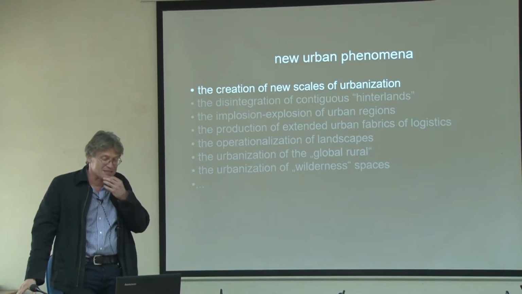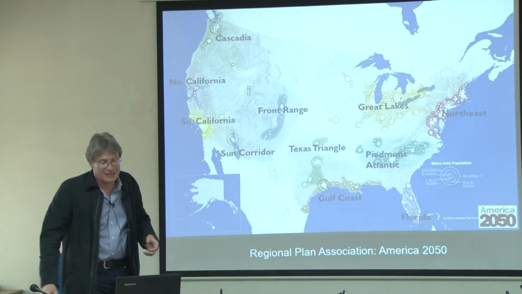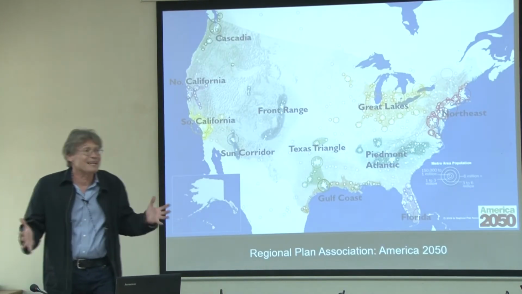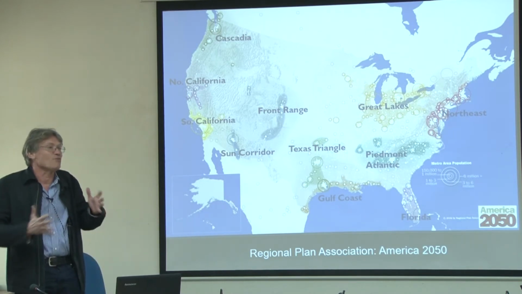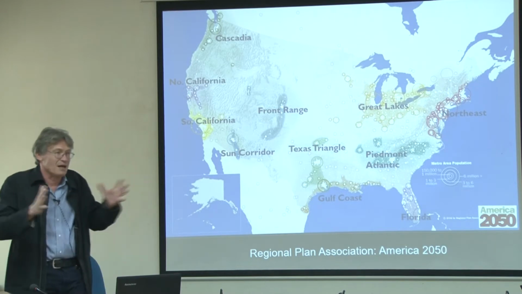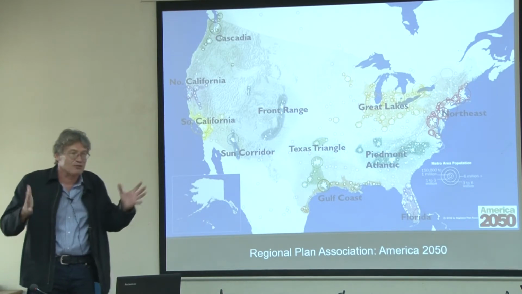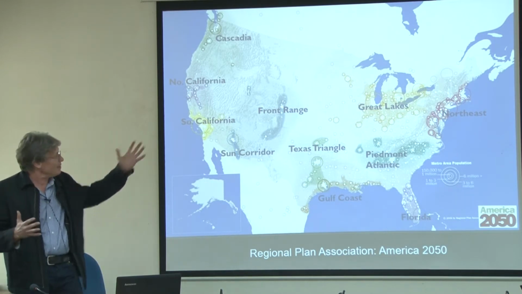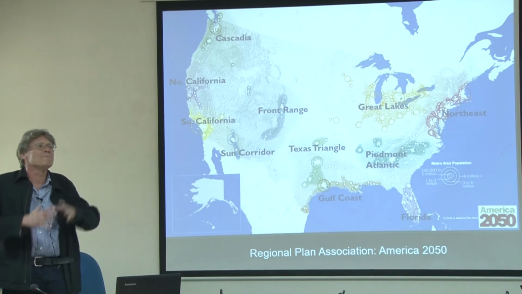So the first one, and I think that is well known, is that there are new scales of the urban or of urbanization emerging. All the debates about agglomerations and then metropolitan regions, and in the end we are now arriving at concepts of mega regions.